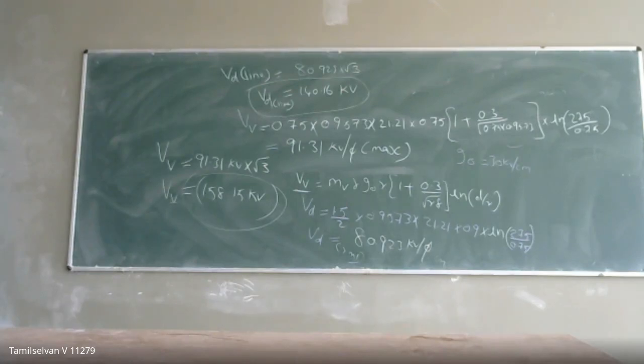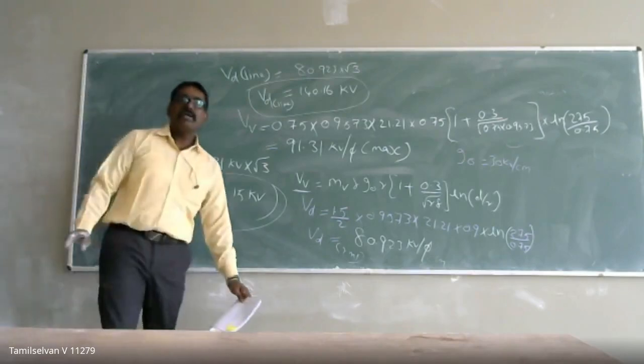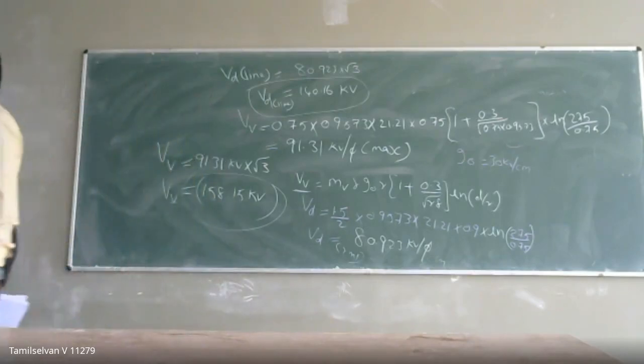Students, so that's all with your module 2. The first topic we saw was the parameters of the transmission line: how to calculate the resistance, inductance and capacitance of the transmission line for various circuits, either single circuits or double circuits.